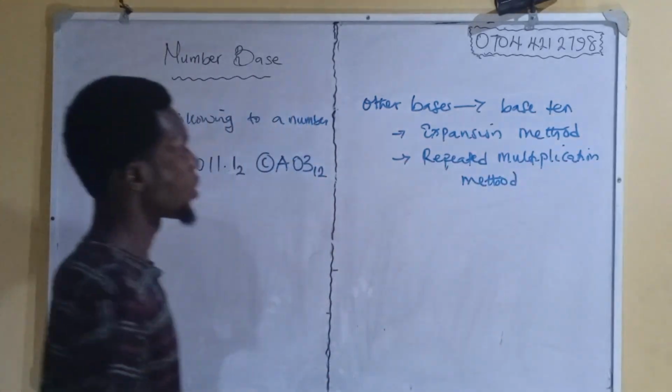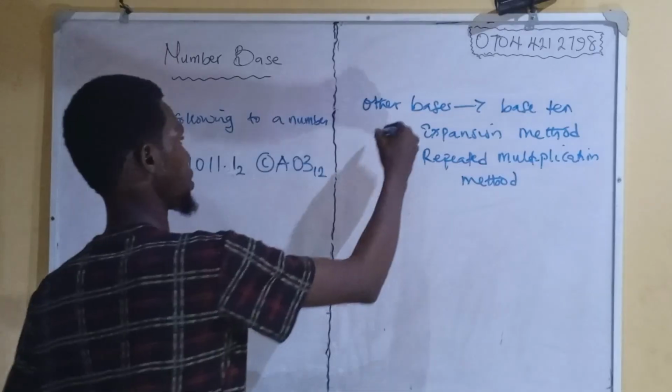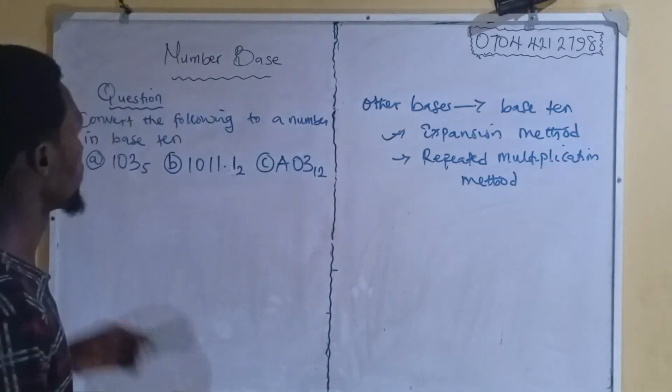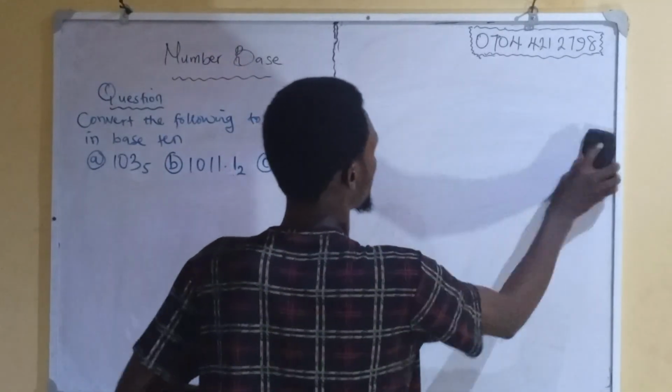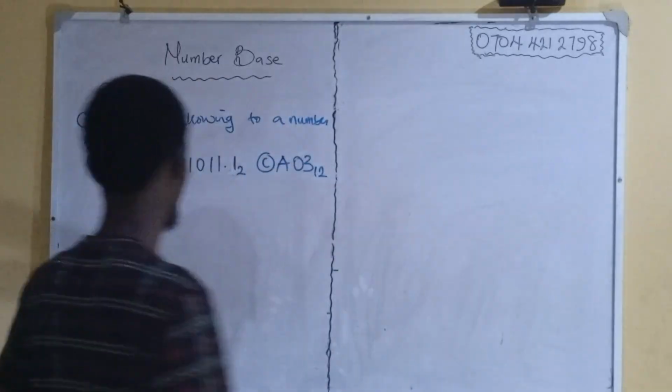So in this video, we are going to focus on the expansion method. We are using the expansion method to solve this problem. So let's get into the first one.